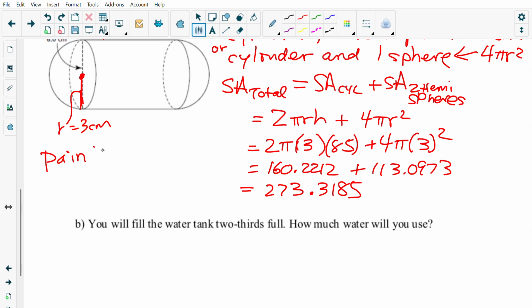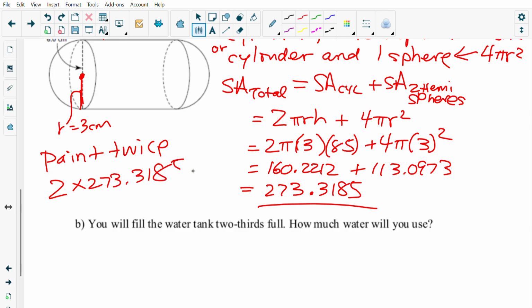And then if I paint twice, I multiply this by 2. So 2 times 273.3185, I have 546.6 square centimeters of paint to cover. So that much paint to cover twice.